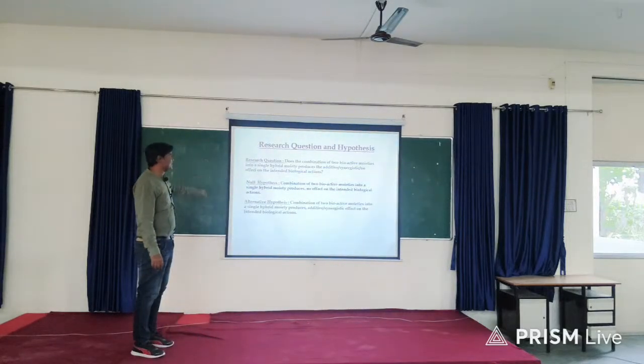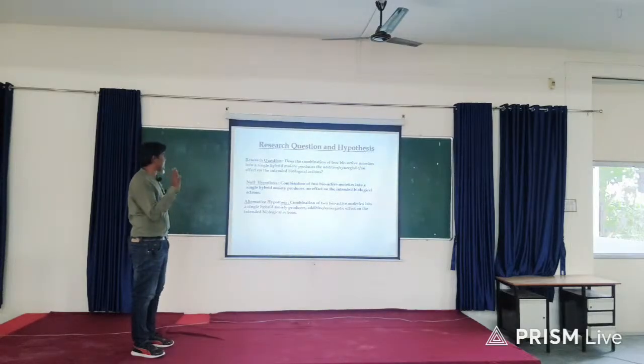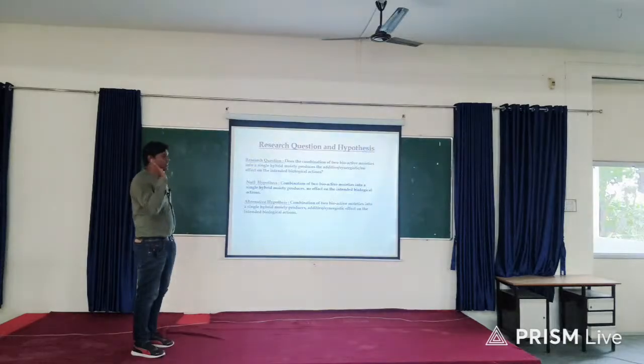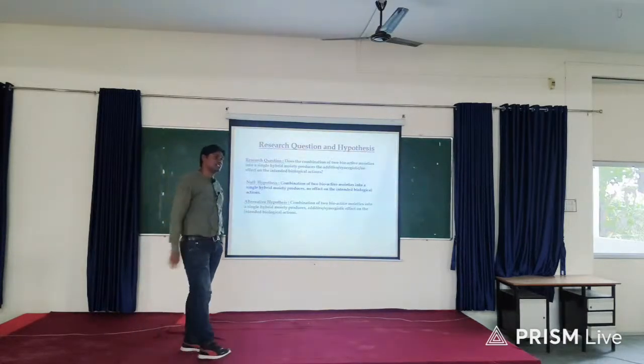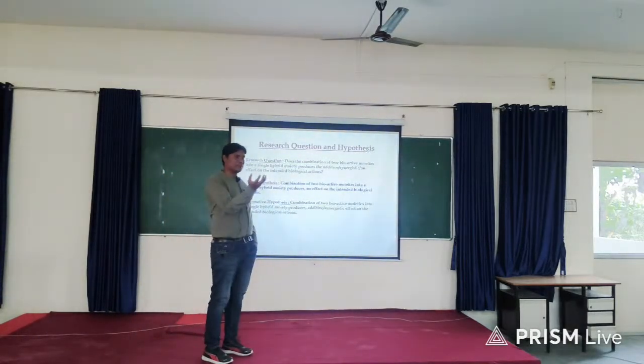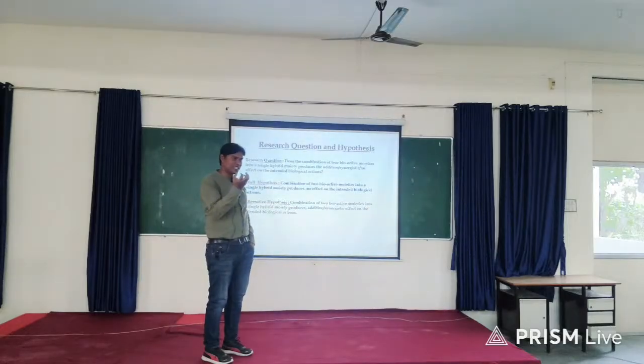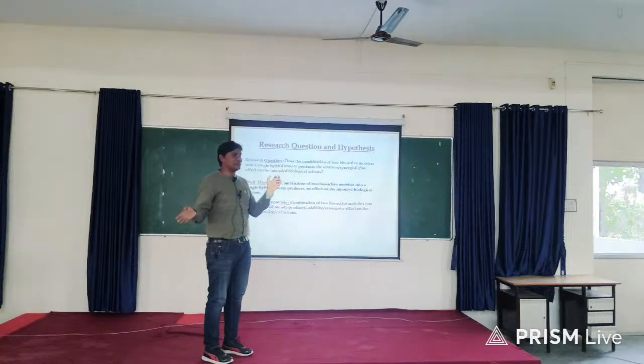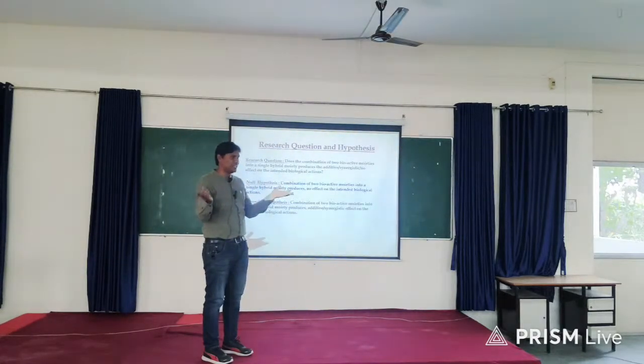The question here is, does the combination of 2 bioactive moieties into a single hybrid moiety produce an additive, synergistic or no effect on the intended biological action? That was the question. I have taken a nucleus called the isatin nucleus and added it to existing, commercially available drugs. Pomalidomide is currently used in treatment, and the second one, mesalamine, is also currently used in treatment. Only benzoic acid is a kind of preservative, right?